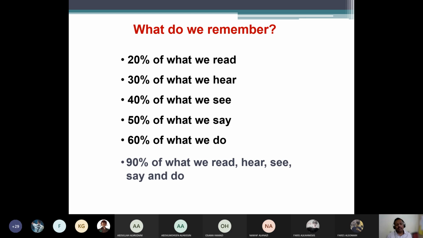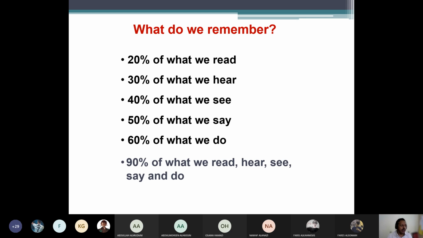If I ask you a question, you may be able to answer for only 2 pages, because only 20% remains in your mind. If you hear a lecture and I ask you a question, maybe you will be able to give 30% of the answers, not 100%. So just reading gives you 20%, and just hearing the lecture you will remember only 30% of the knowledge.